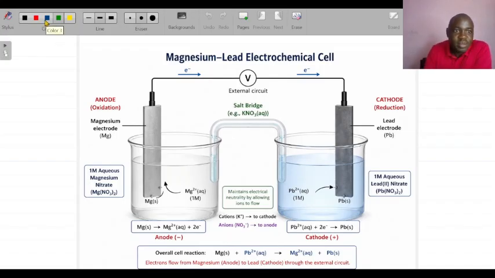And on this diagram, we can be able to see that on my left hand side, I have what we call a magnesium electrode. This magnesium electrode is going to be dipped inside a solution containing 1 molar magnesium nitrate. So together, this is what makes our magnesium half cell.